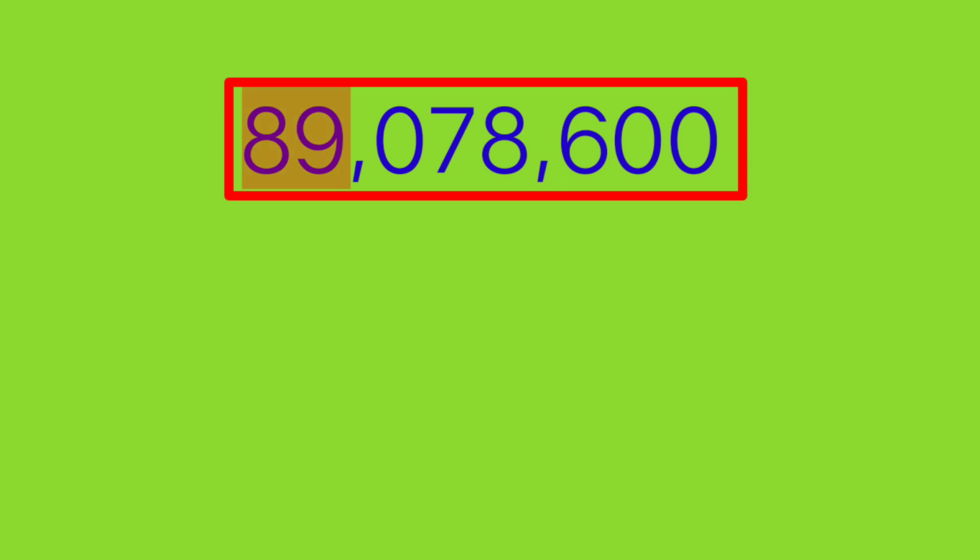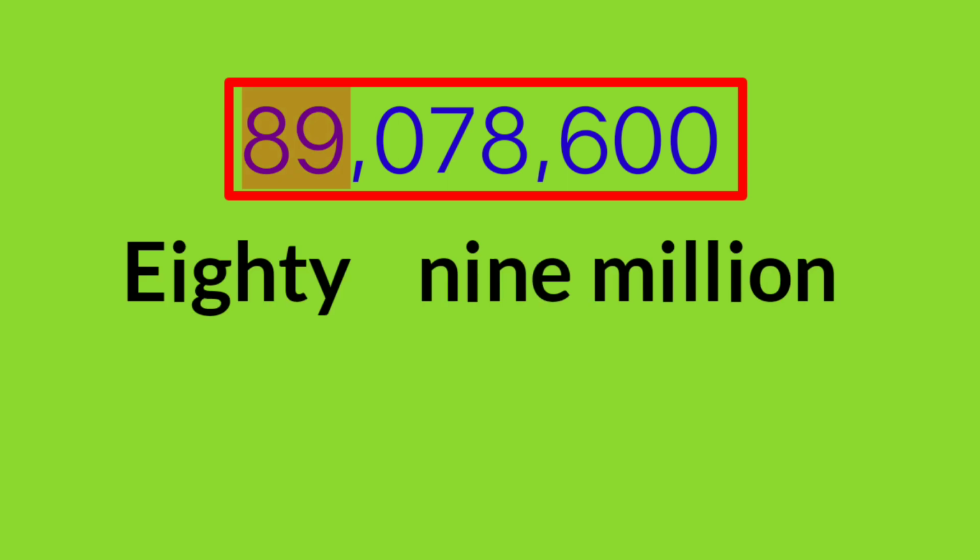89,078,600. Let us now write it in words. 89 million. 89 is two words, so put hyphen in between 80 and 9. Then after million, you have to put a comma.